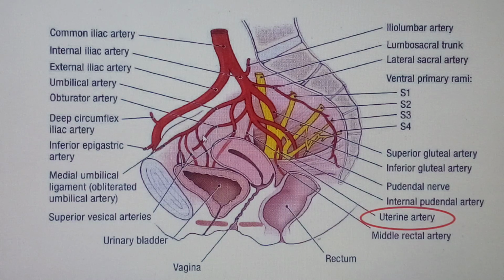The obturator artery is going to supply muscles of the medial compartment of the thigh, the adductors of the thigh. And my friends, once I'm done with that, I go a bit upwards, but more medial, to the umbilical artery.